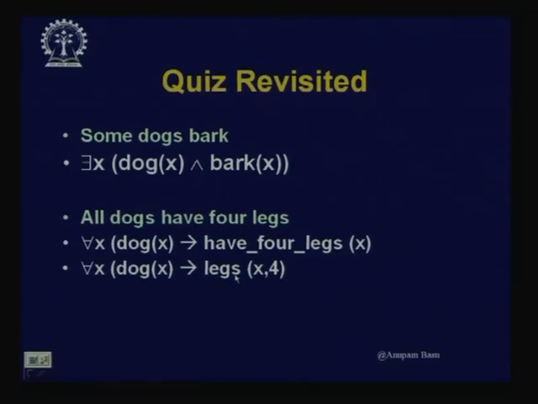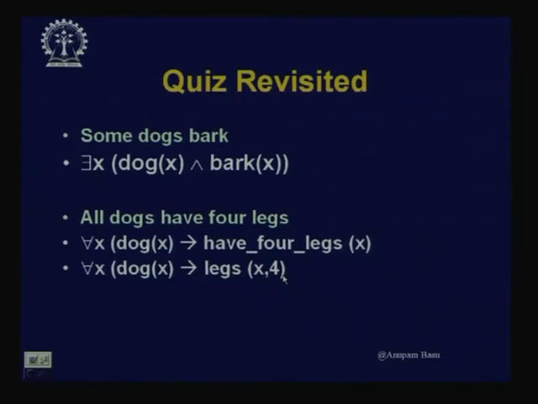So, legs is a binary predicate which has one variable x and a constant term. Here again I have missed one parenthesis, all right. For all x, dog x implies legs x 4. So, this is another way we can do it.